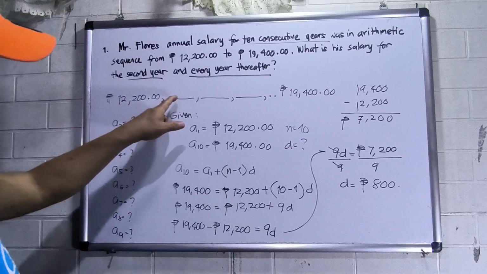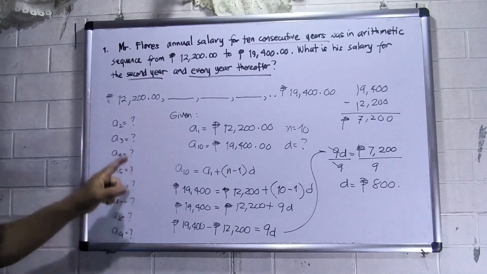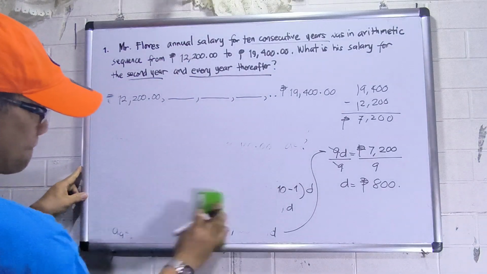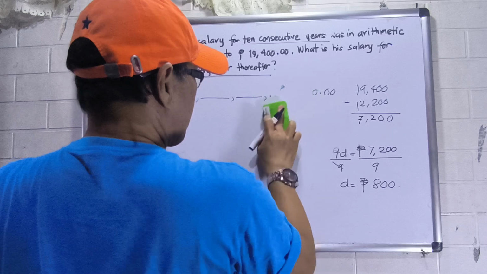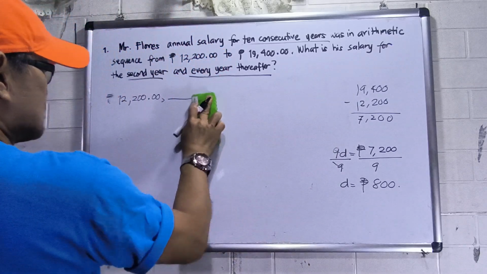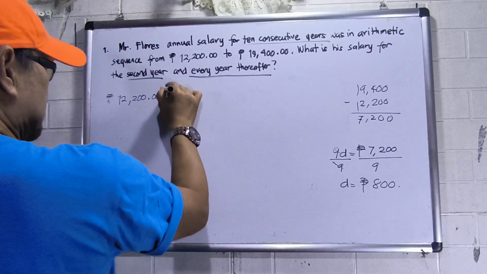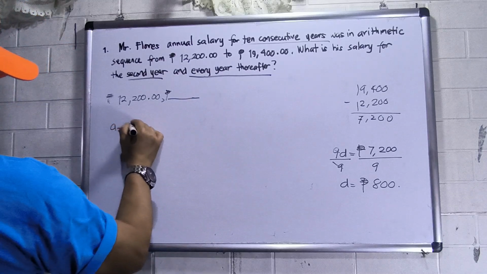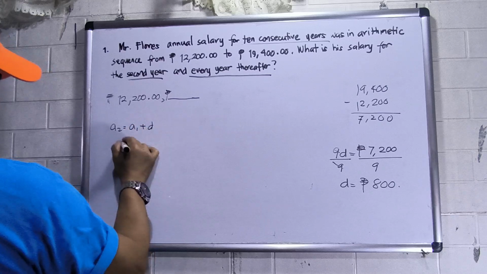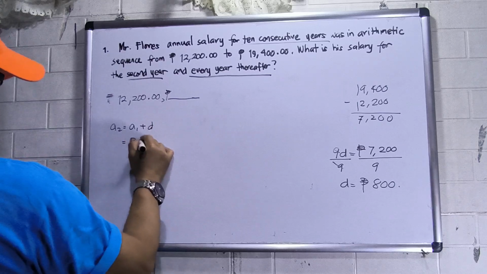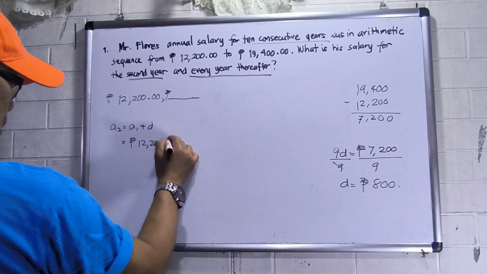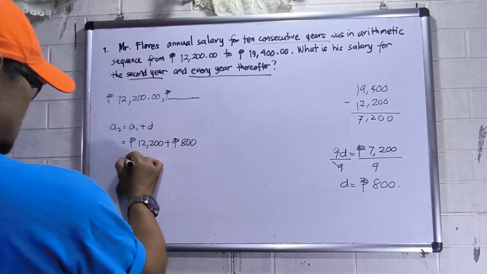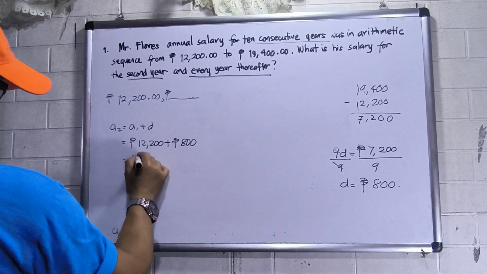So we can now start solving for A2 until A9. So A2: A2 equals A1 plus D. A1 is 12,200 plus 800.